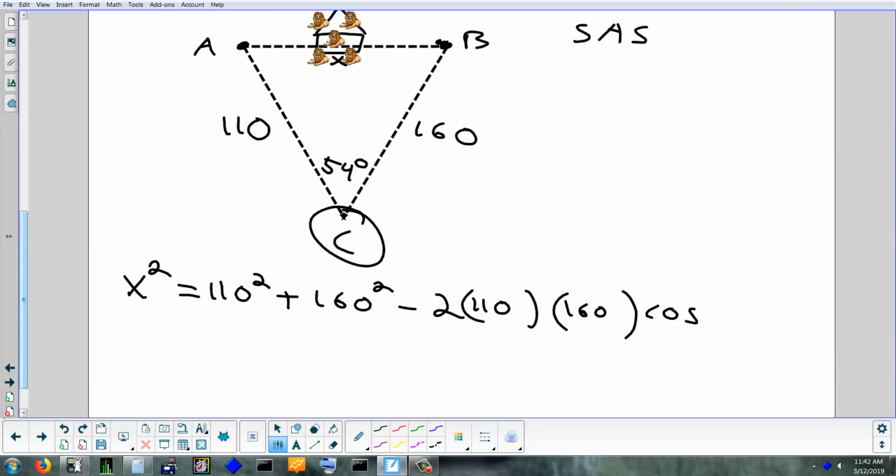Cosine of the angle across from the side we started with, 54. So now you just do out that arithmetic. Last thing you're going to do is take a square root. But from there, any question on how you would finish that up? It's just like the first problem we did. Numbers are a little bigger, but again, just use your calculator. Okay.